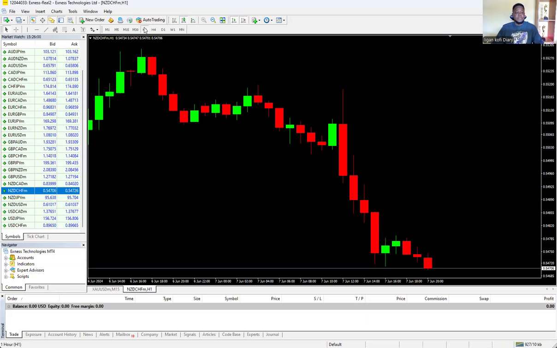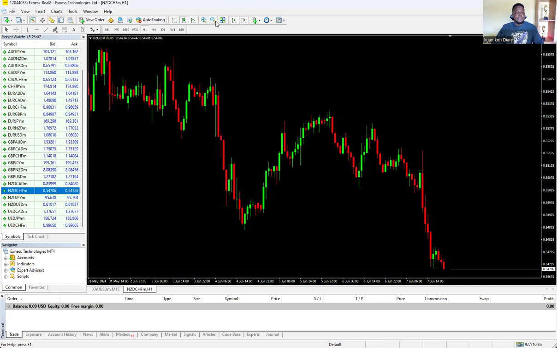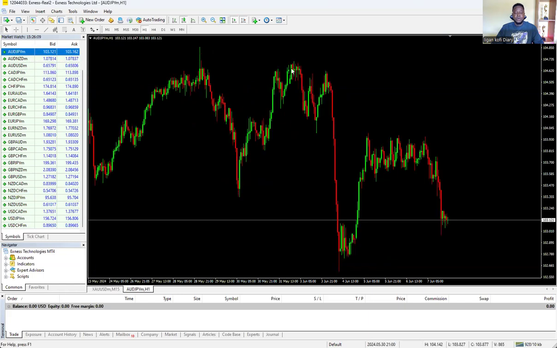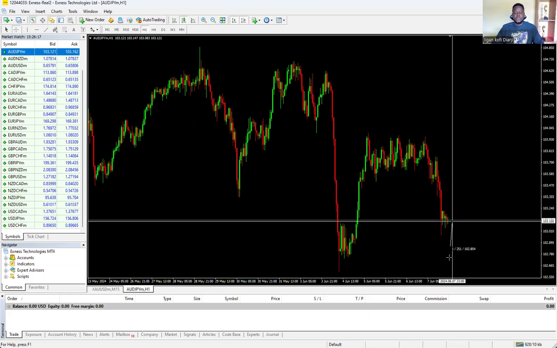We are saying that if you want to trade, we are looking at AUD-JPY sell. And already, as you can see, AUD-JPY is on the sell mood at this moment. So it's still going to come down the more.